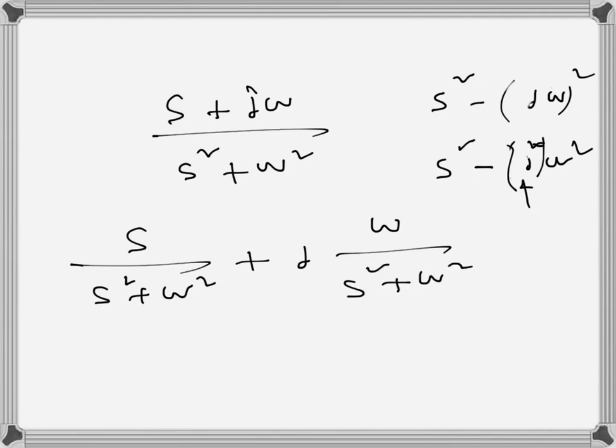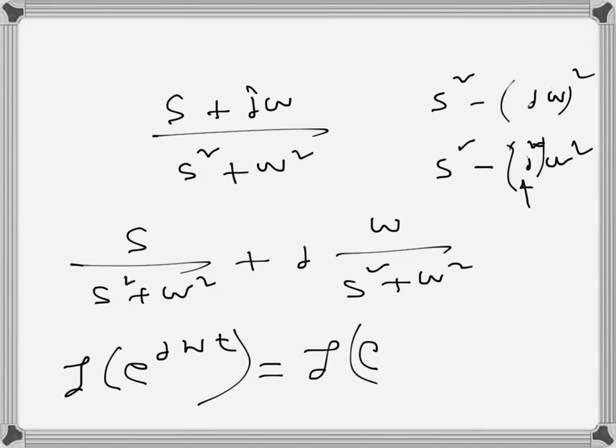Now if we recall, we found the Laplace transformation of e to the power j omega t, which should be the Laplace transformation of cos omega t plus j times the Laplace transform of sine omega t. That's how it should be, because Euler's formula tells us this.